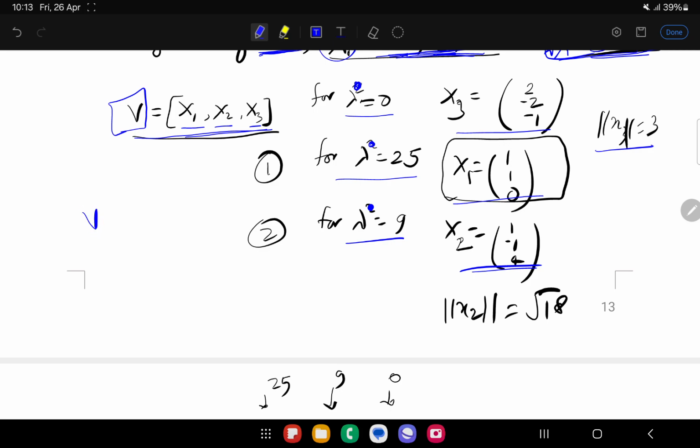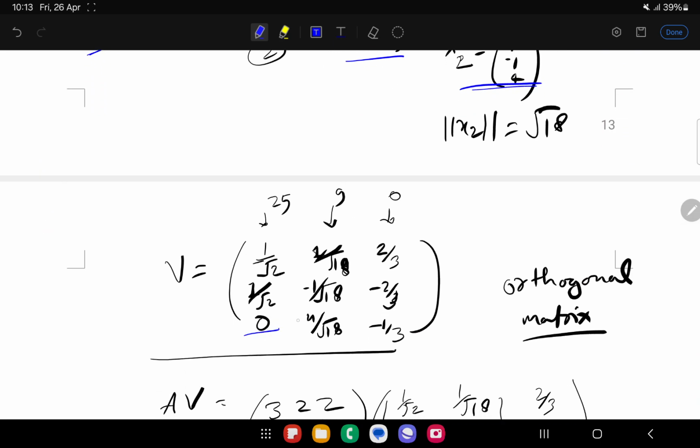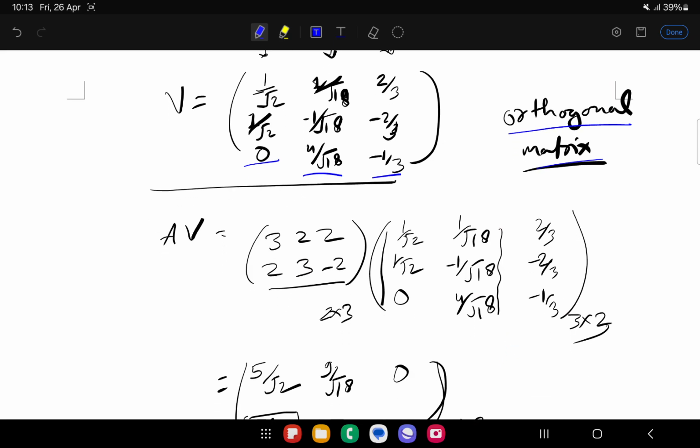We want each column to be of norm 1, so that is why we also divide x1 by norm x1 and update it. After dividing we get an orthogonal matrix. We should say orthonormal matrix now, but anyway, it is orthogonal, that is for sure.